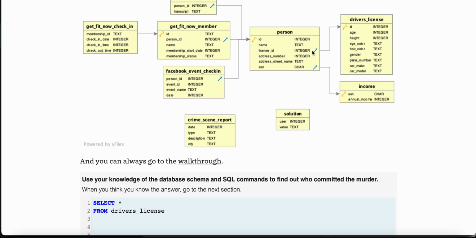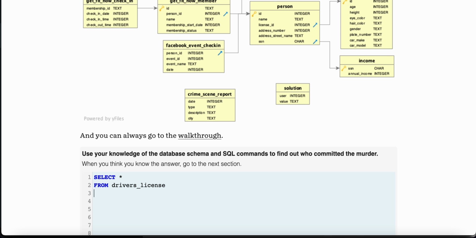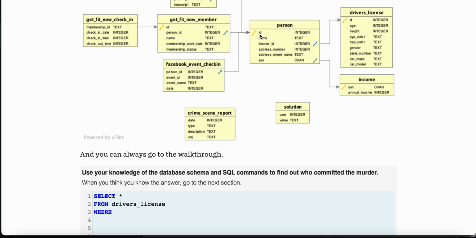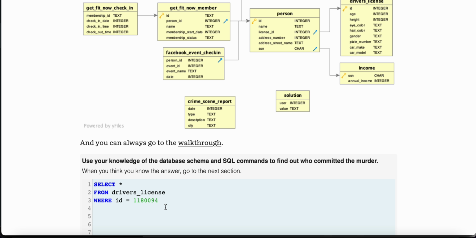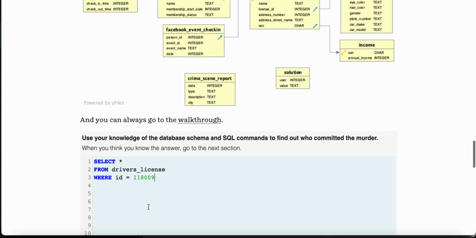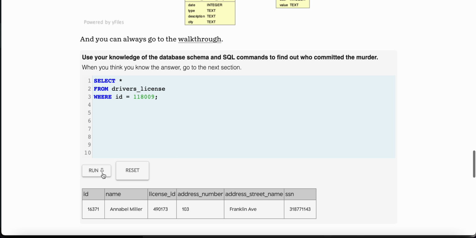It shares something similar here, where ID. This is the ID. Remember the person's license ID is the same thing as ID in driver's license, where ID is equal to, I think I copied it well, I'm not sure, 118009, I think it should be a 6-digit number. All right, let's see what we have.